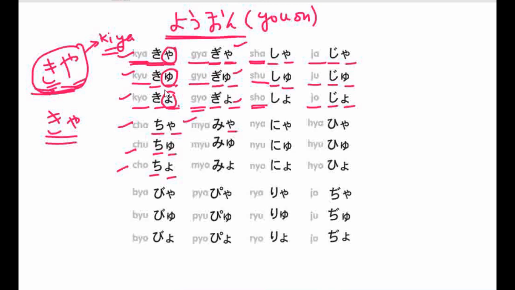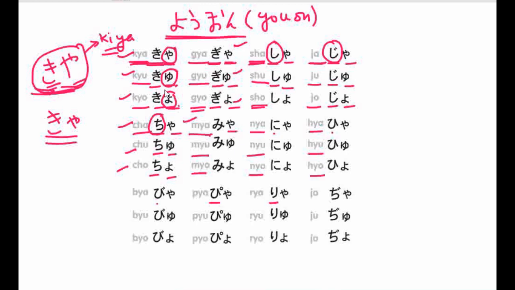Now you have to see the difference with chi, shi and ji. The pronunciation will be sha, ja, cha. But with ki, gi, mi, ni, hi, bi, pi, ri, the pronunciation will be mya, myu, myo, nya, nyu, nyo, hya, hyu, hyo.